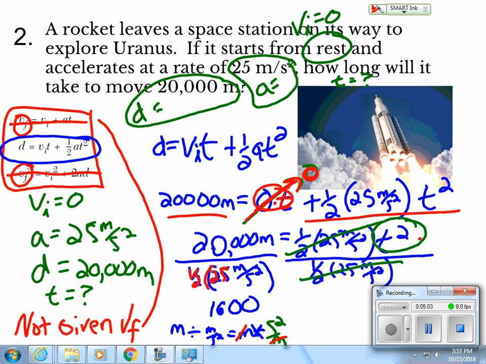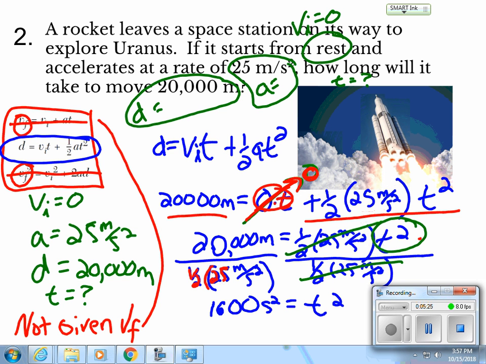Meters end up canceling, so my unit for 1,600 was actually seconds squared, and this was equal to my T squared. I'm going to erase my units because I need more room to write, but hopefully you believe me if you work through your math.